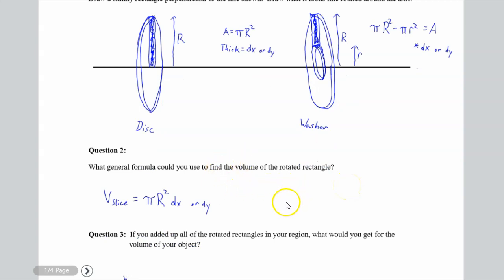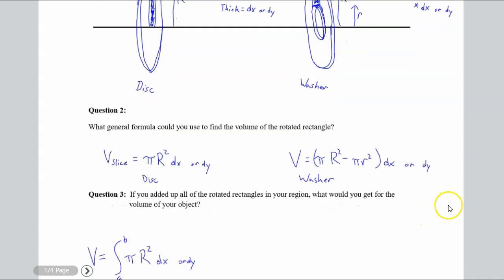So for a washer, we'll get this idea of volume: pi big R squared minus pi little r squared times this dx, or in the case of going sideways, dy.